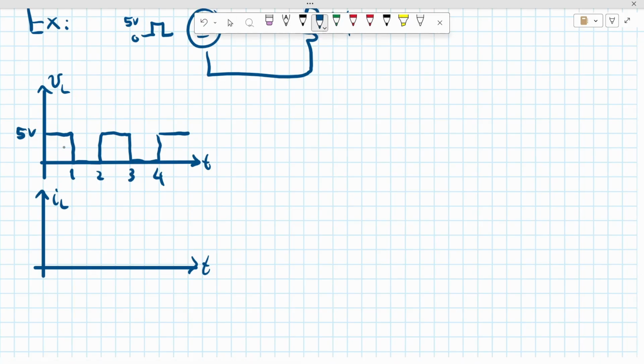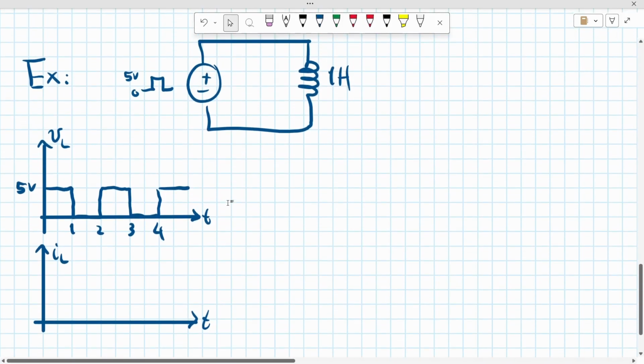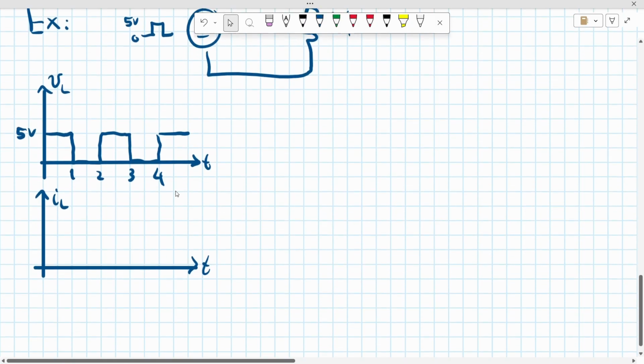So the inductor current here would look like this. 5 volts, so 1 times the I by the T equals 5. So the I by the T equals 5 amps per second. So you'll be increasing at a rate of 5 amps per second.